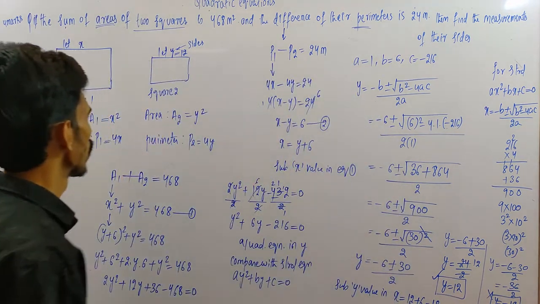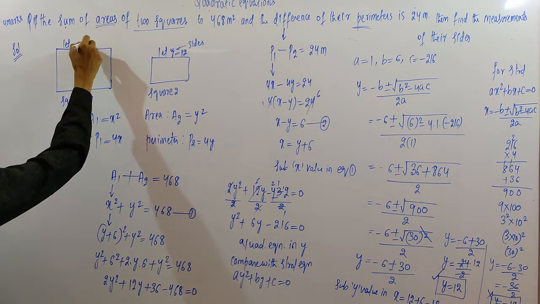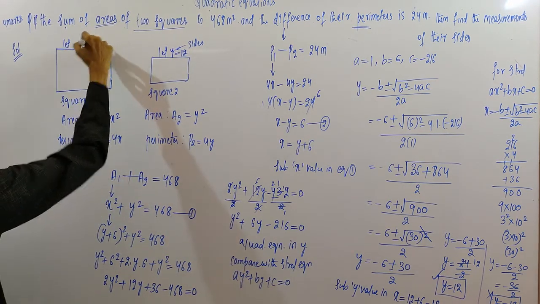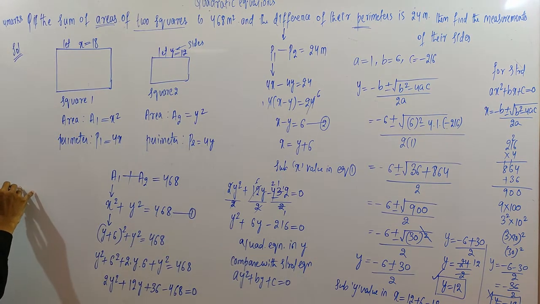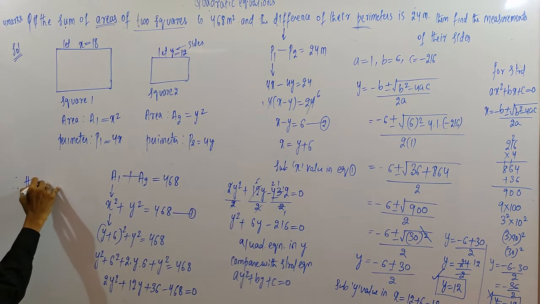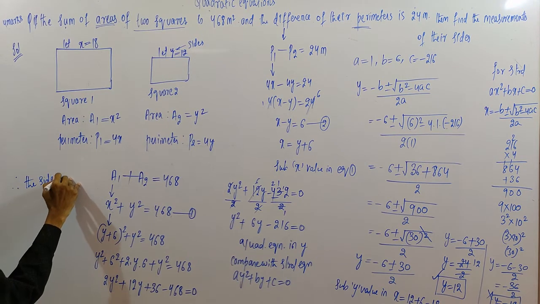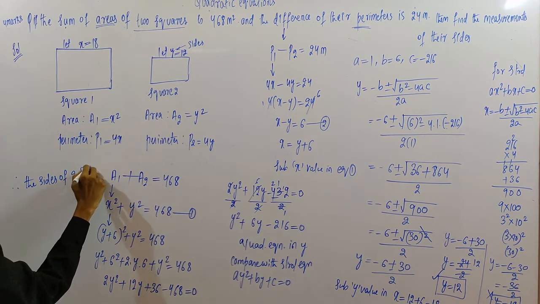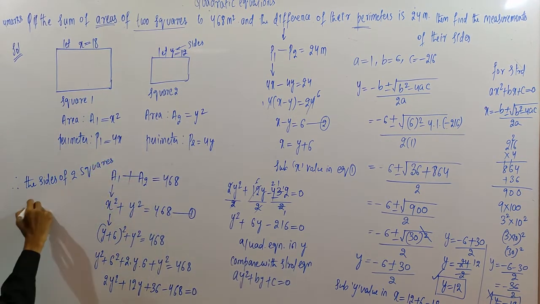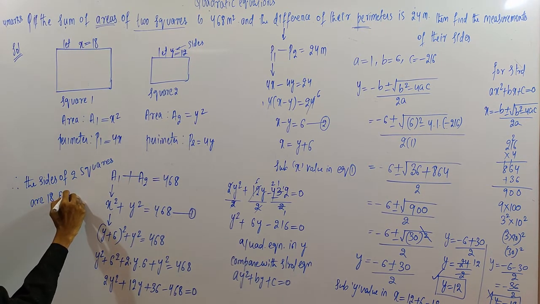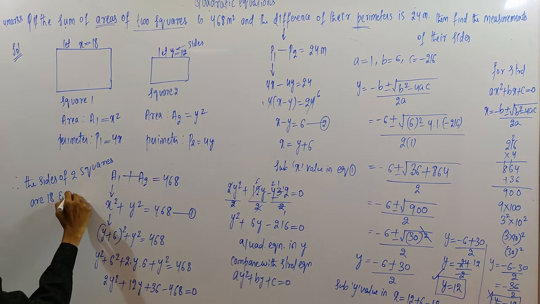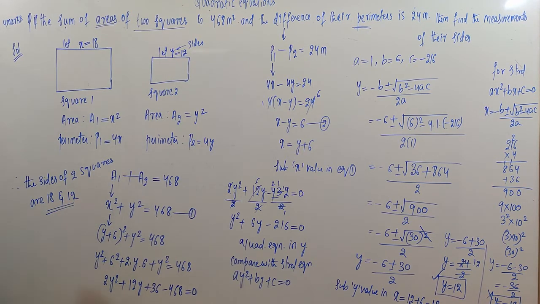Hence we got the sides of the two squares. It has 18. So hence we can say that the sides of the two squares are 18 and 12. So this is the answer.